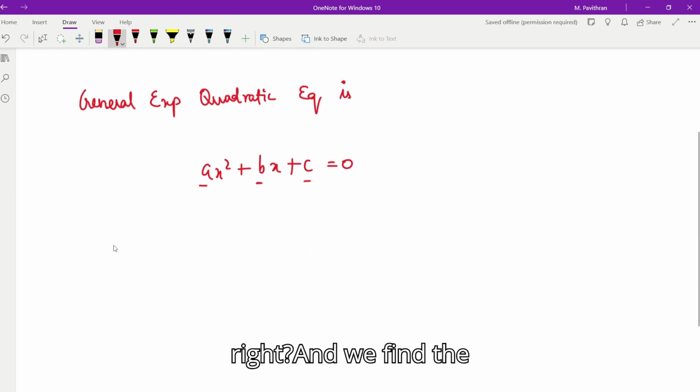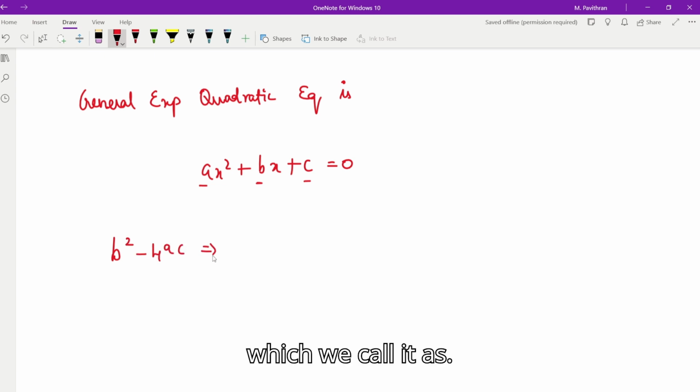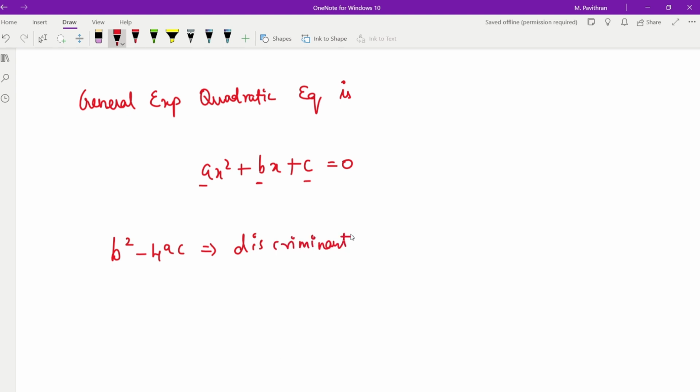And we find the discriminant, that is b square minus 4ac, which helps us to find the nature of the roots.